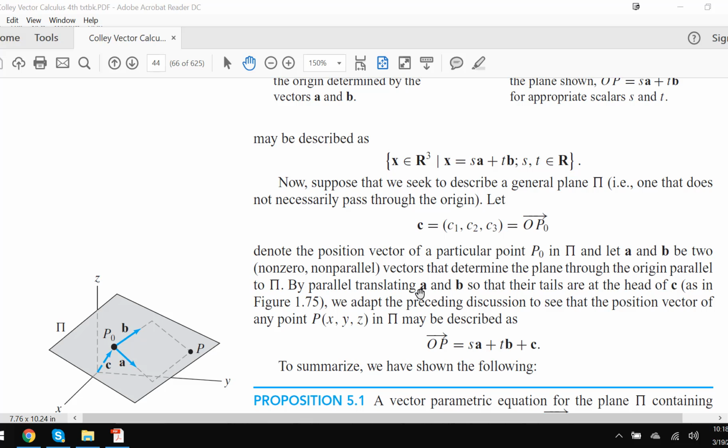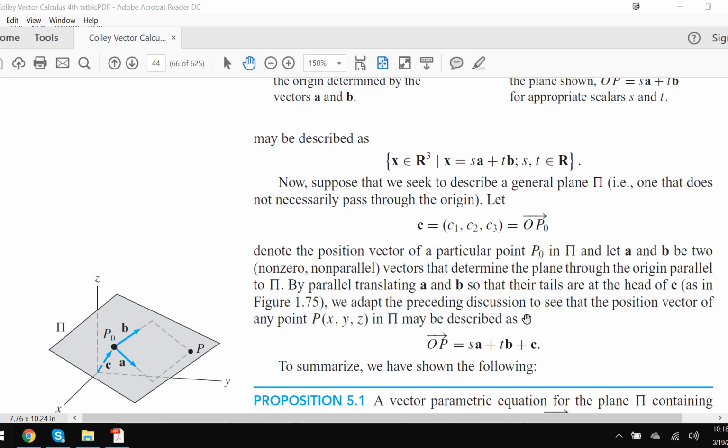By parallel translating A and B so that their tails are at the head of C, so we just take A and B, which originally originated at the origin, and translate them by the amount of vector C, so that now they're sitting in the plane.